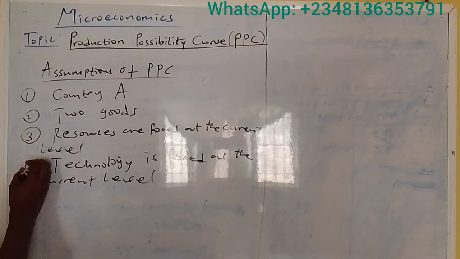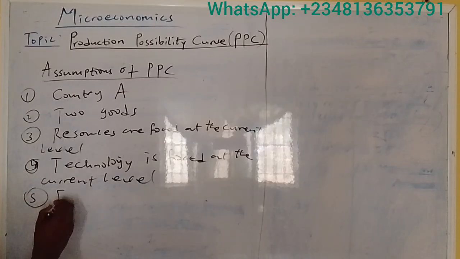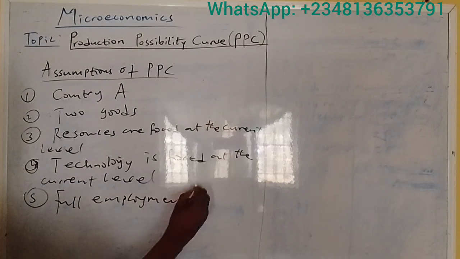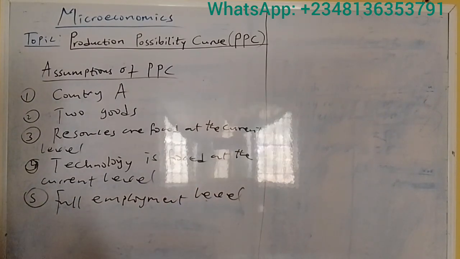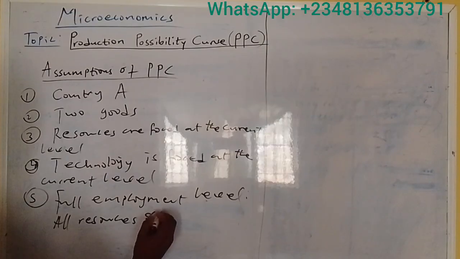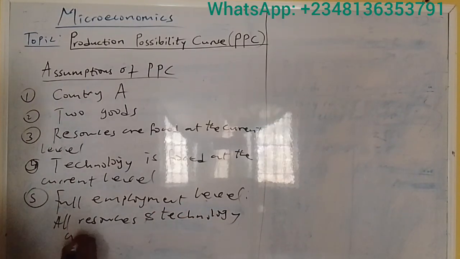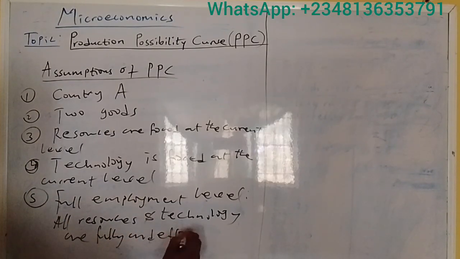And the last assumption is what we call the full employment level. By full employment level, I mean that all the available resources and technology in this country are fully and efficiently utilized.